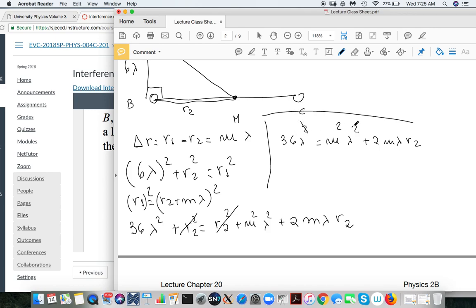Cancel lambda. So then we can find R2 is equal to lambda times 36 minus m squared, divided by 2m.